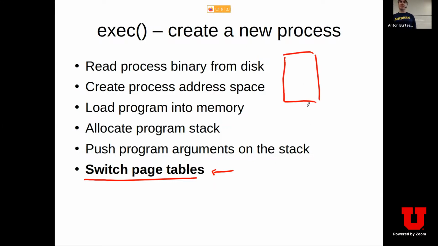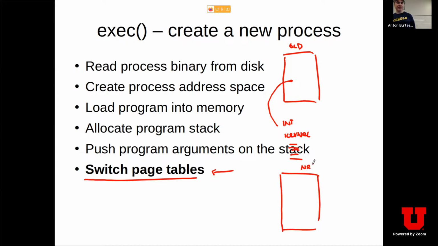Imagine this was your address space, the old one. From this old one, you did the interrupt. You landed in the kernel. You were executing in the kernel. And what we've done inside the kernel, we created a new address space. If this one was shell, for example, and shell created, let's say, ls, this is the address space for ls.